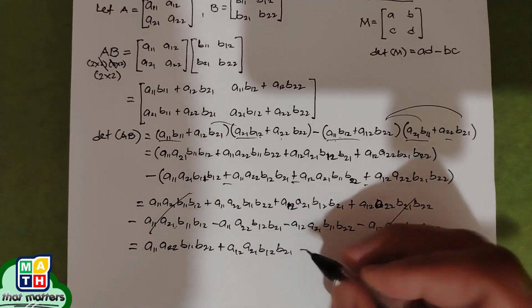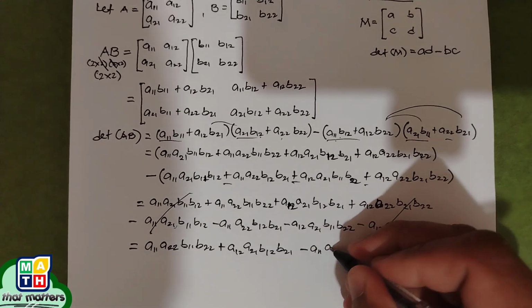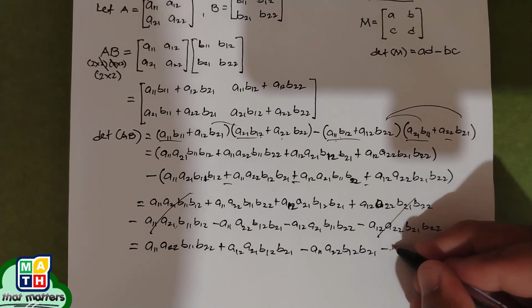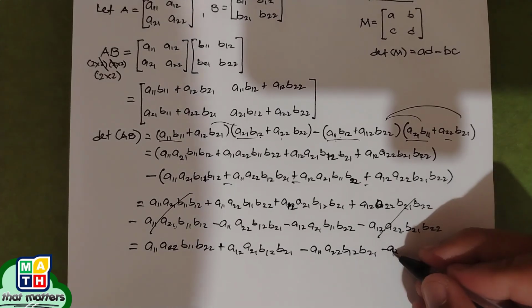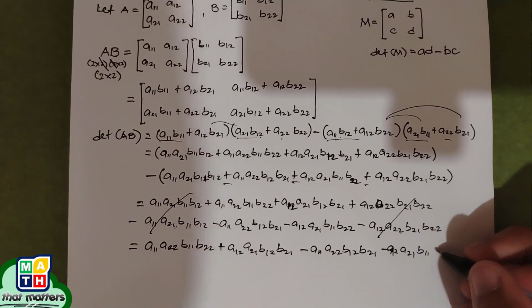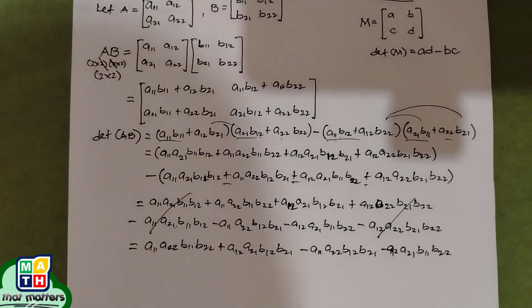Then this is minus this one here, A11, A22, B12, B21, minus A12, A21, B11, and B22.